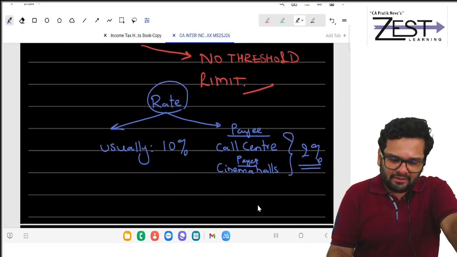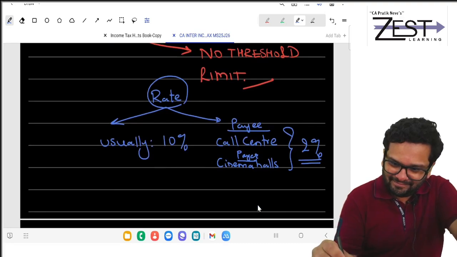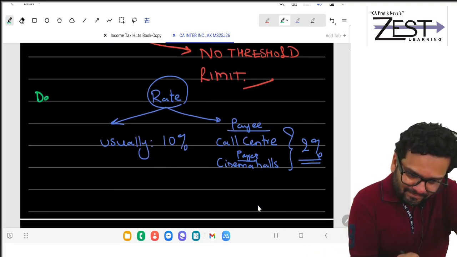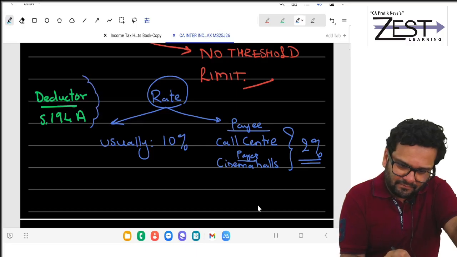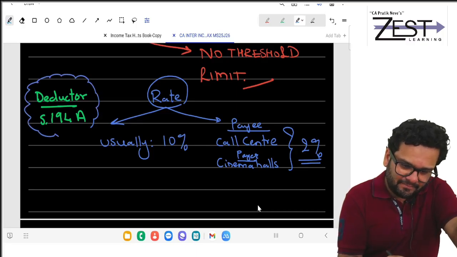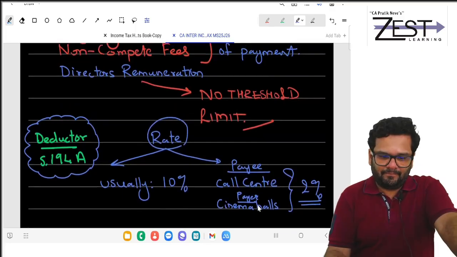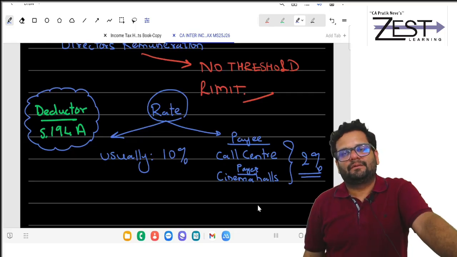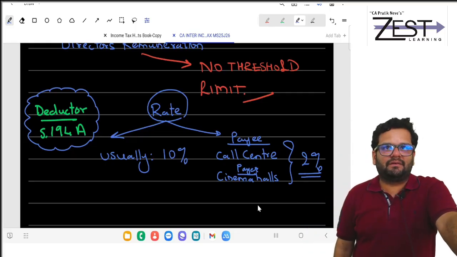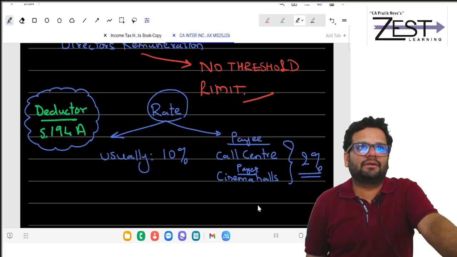Deductor is same like 194A. That's it, I think. Deductor is done, payer is done. Rate is done, threshold is done.